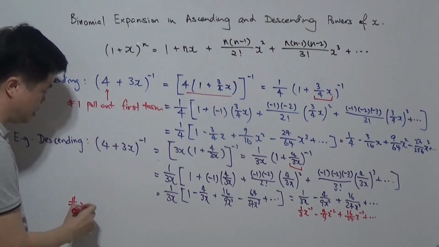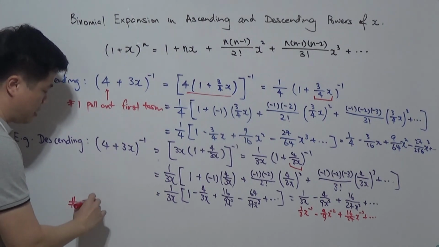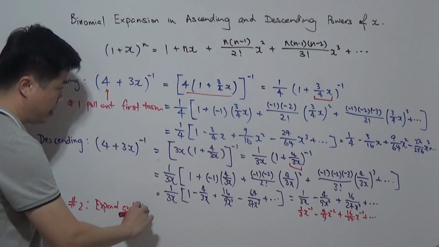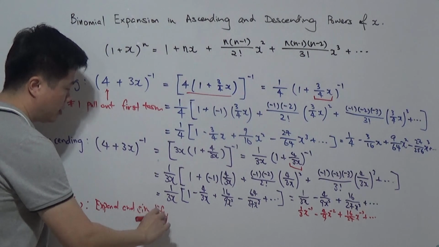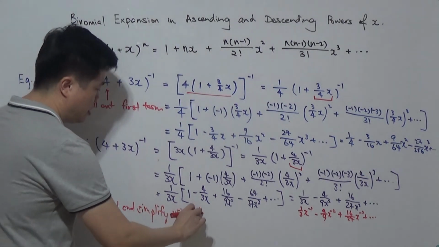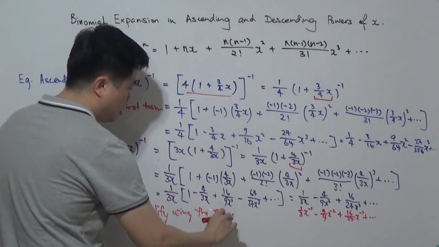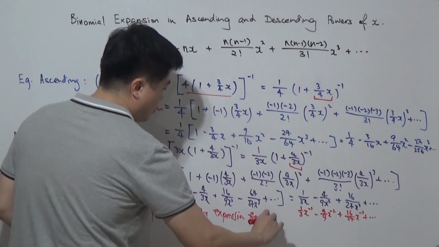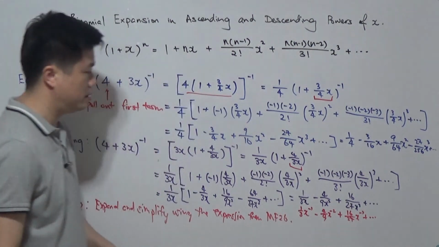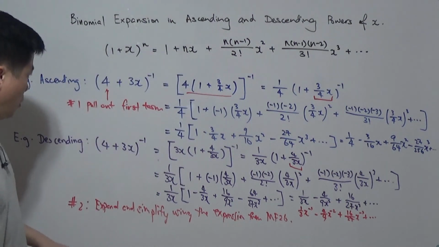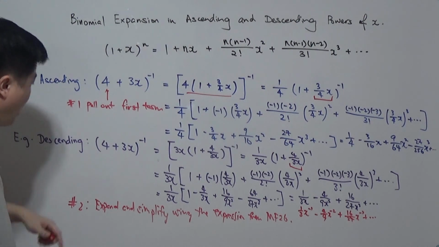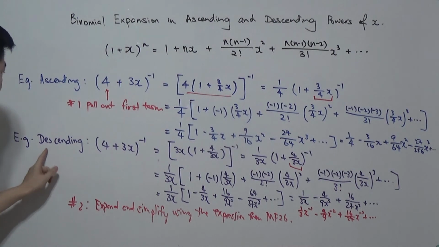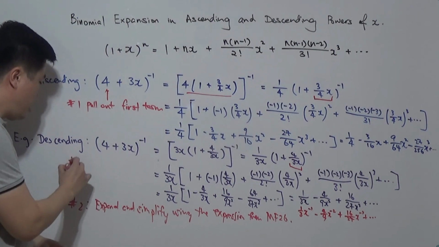Step number 2 is to expand and simplify, using the expression or formula from your formula sheet, which is the MF26.